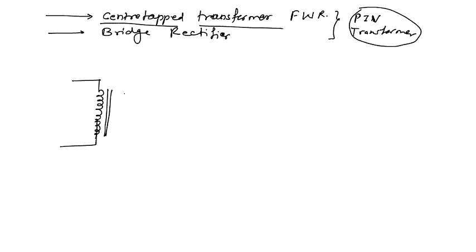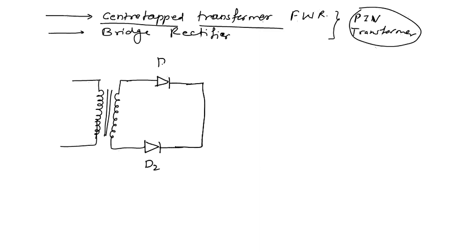This is the primary side of a transformer, and this is the secondary side of the transformer. These are the two diodes which will operate in different half cycles.